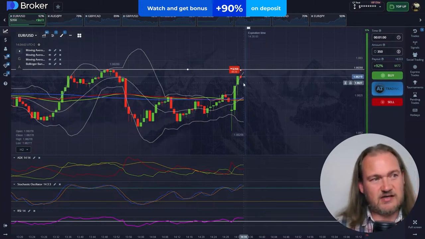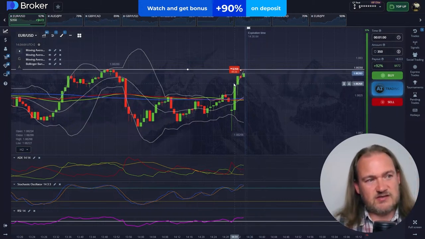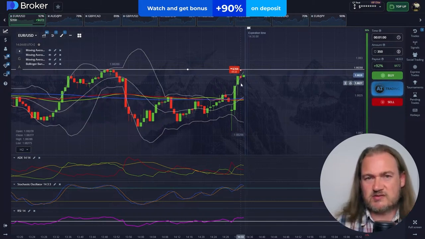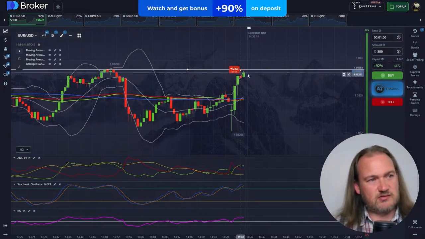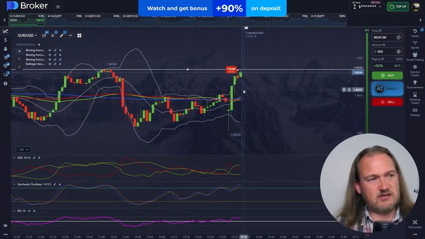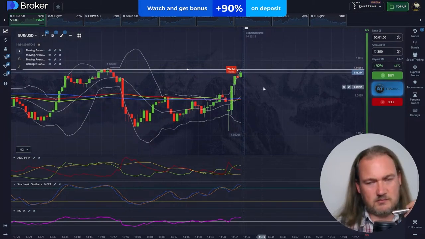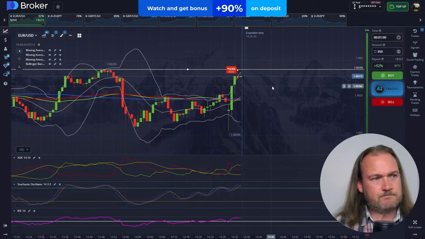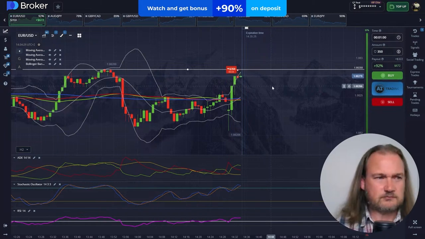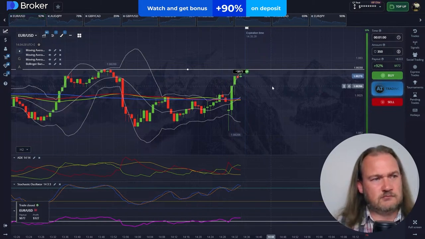And like I said, I love taking trades when price gets out of the Bollinger Bands and it actually happens on a support or resistance area, like my moving averages. And this is also a resistance area, so there's a decent probability that the trade will actually win. There we go. Awesome.